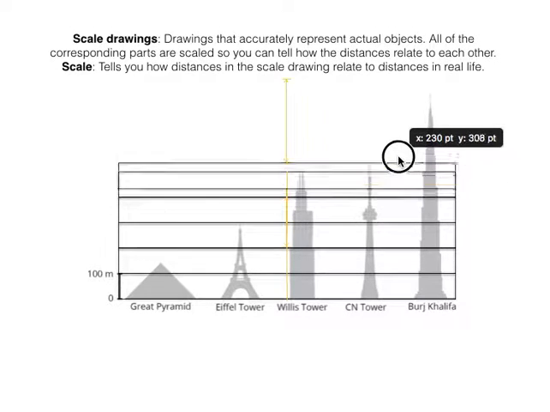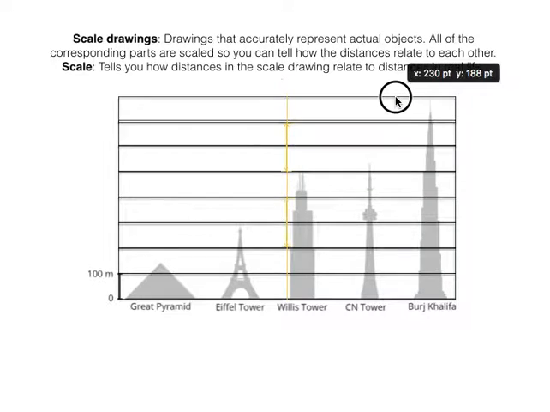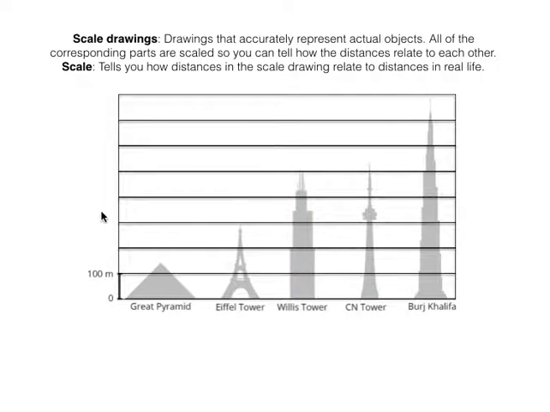It really only leaves us with the Burj Khalifa, which is the tallest building in the world, at 700 meters and a little bit above that. So now we could say 100, 200, 300, 400, 500, 600, 700, 800 meters. Our tallest building is just shy of 800 meters. Maybe I would say that's 790 meters.